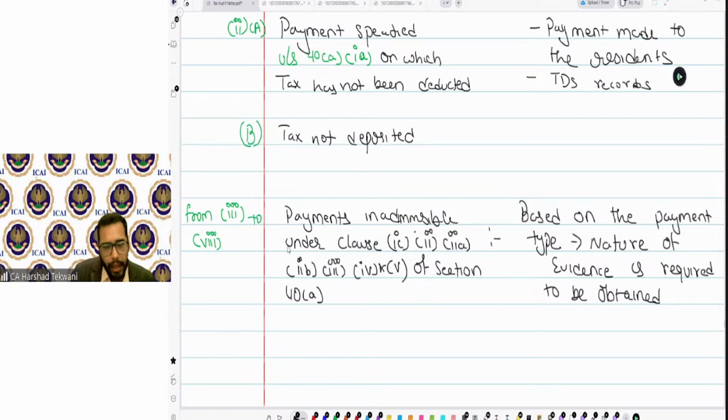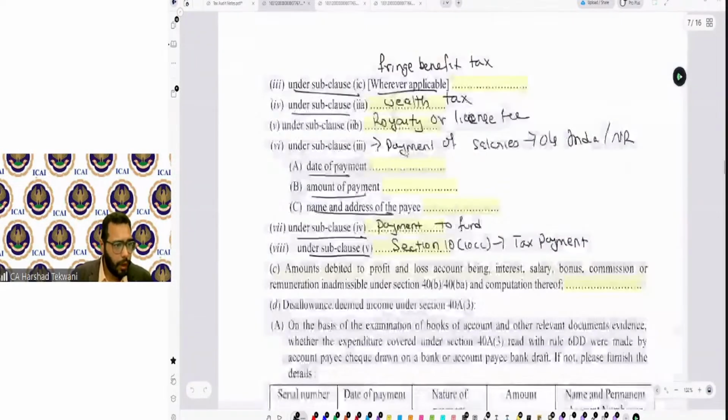Again, the question comes: are we the persons who are required to comment on the amount not deductible? No. Here we are not required to comment on the amount not deductible, but if there is any inadmissible amount, we need to just report that fact. We are not the ones to decide whether the deduction is to be allowed or not.